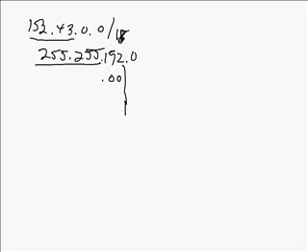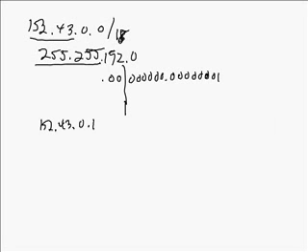Well, that's 6 bits, and then 8 bits. So what's that number? Our first range is going to be 152.43.0.1. And what would be the other end of that?